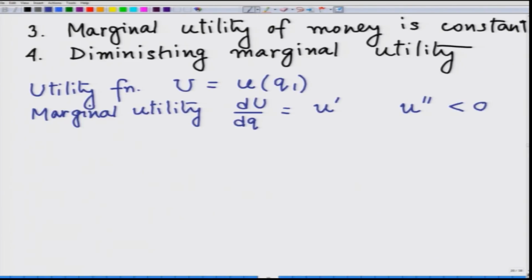Now, let us see what happens to the consumer behavior. Remember, we also need some postulates to have a theoretical model. So, here comes the postulate.